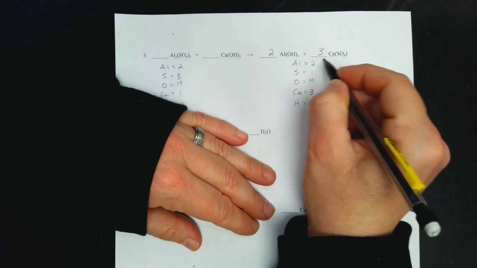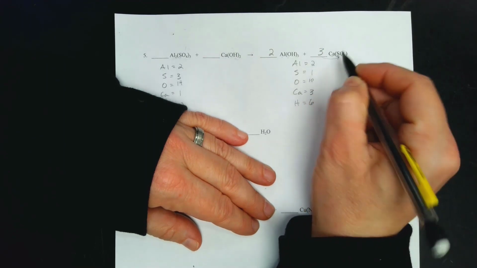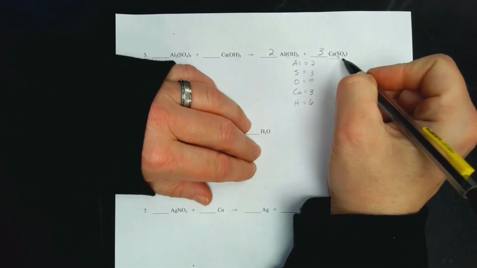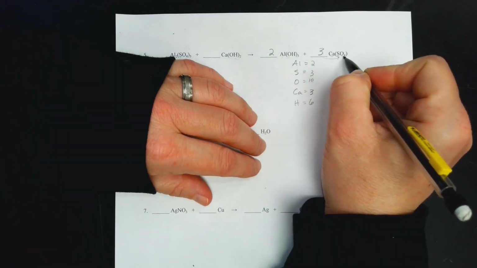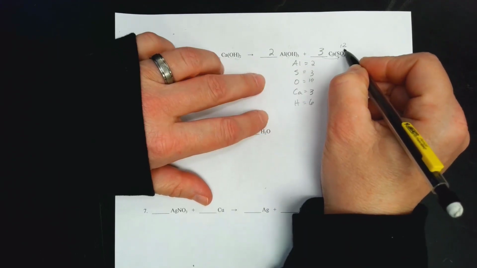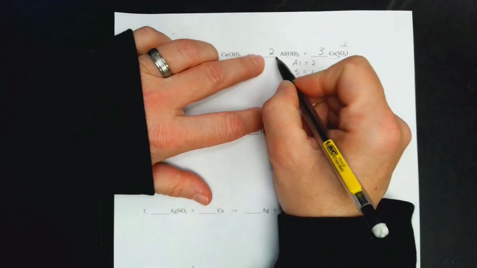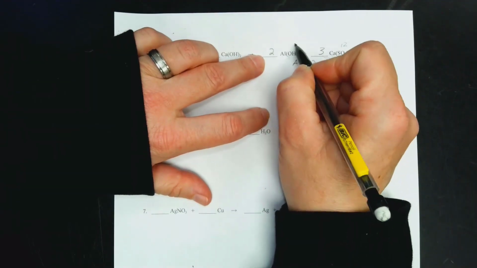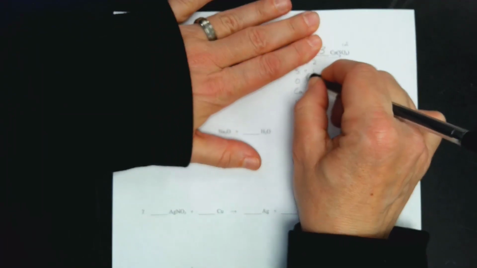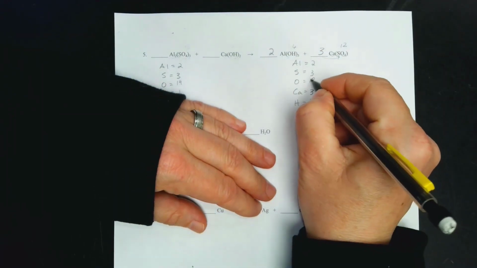I had 1 sulfur, but now with this coefficient, it means I now have 3 sulfurs. And I have to take this 3 times the subscript of 4 for the oxygen, which means I have 12 oxygens over here. But remember, I have 6 oxygens over here, and 12 plus 6 is 18.